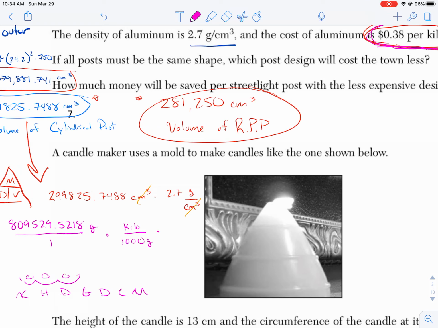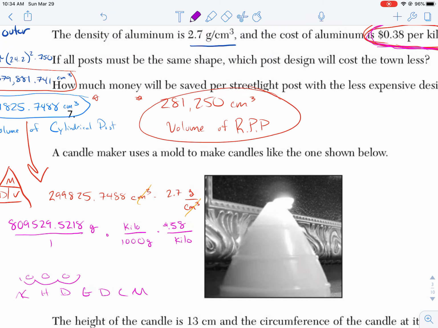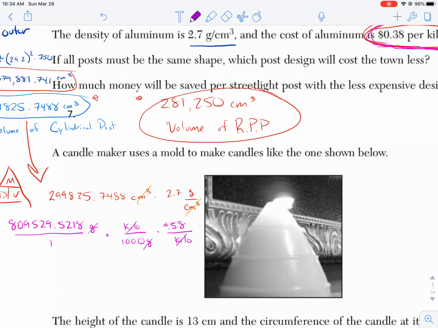All right, and then the cost of this post is going to be $38 or 38 cents per kilogram. Okay, so as you can see, I strategically set these things up all so that my units cancel, and we should be left with a dollar amount in all of this.